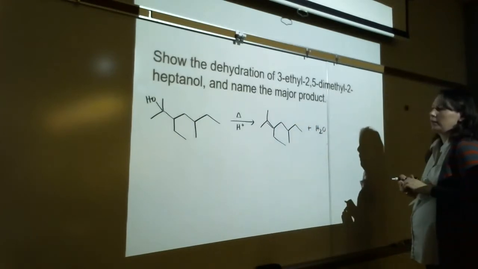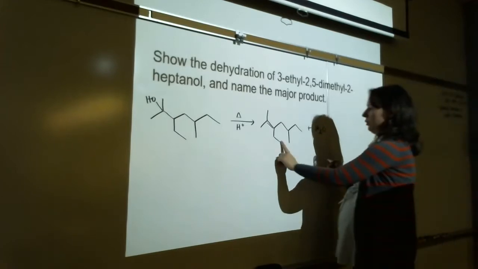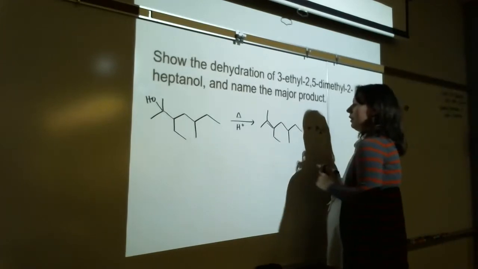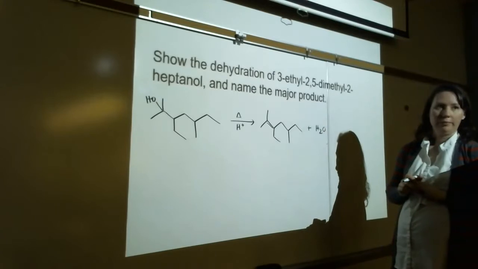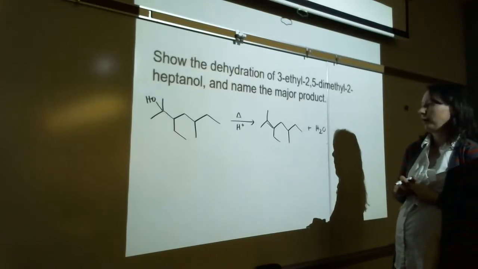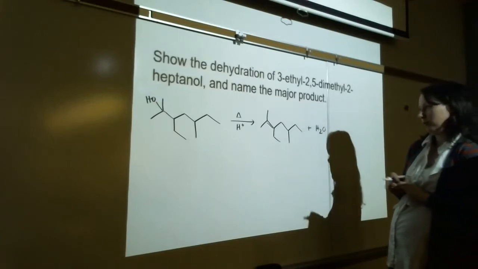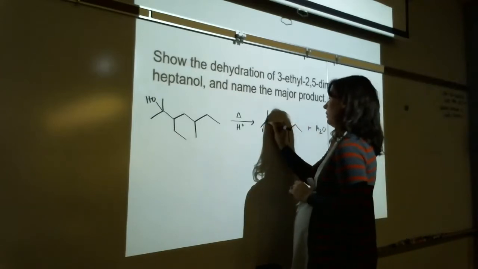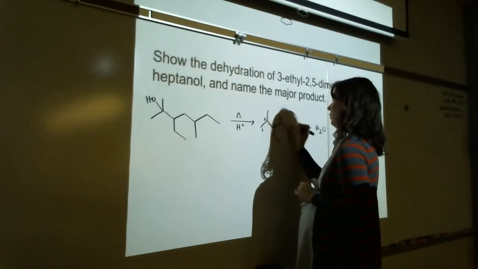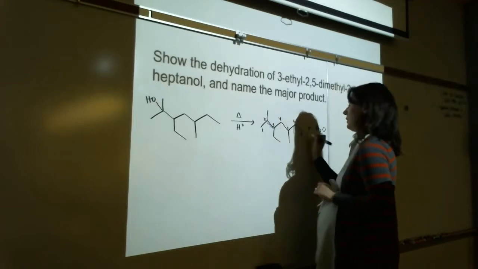Numbering still needs to include the double bond, right? So are we numbering from the left or from the right? From the left, right? 1, 2, 3, 4, 5, 6, 7.